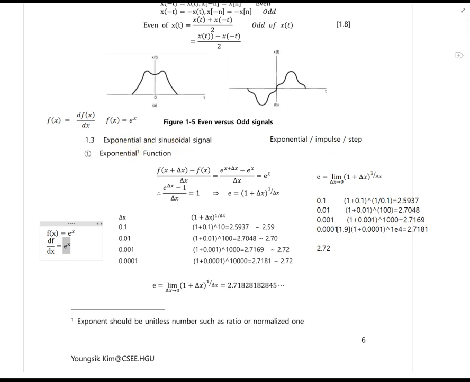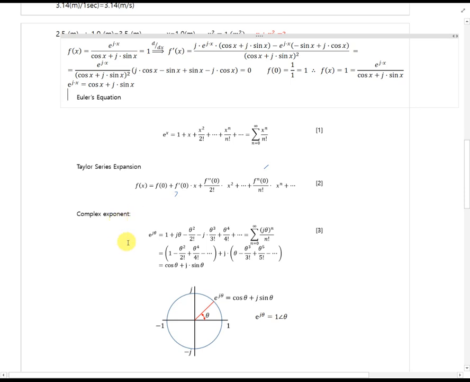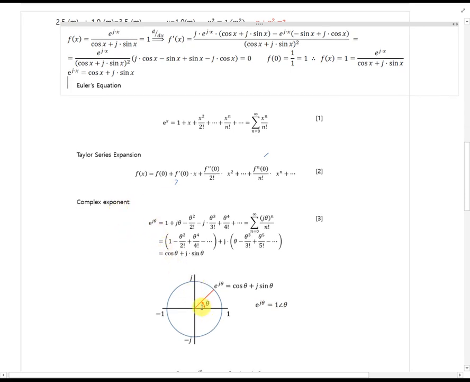To interpret this, e to the jx can be interpreted this way. This is theta, then e to the j theta is this one. The real part is cosine theta, and the imaginary part is j sine theta.